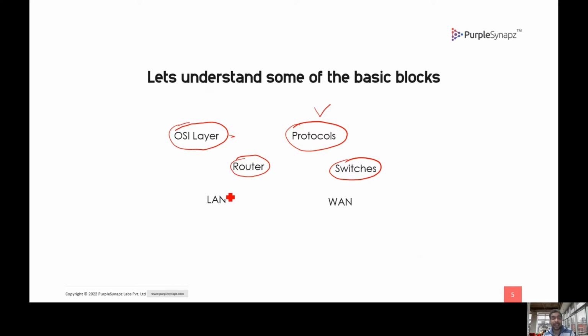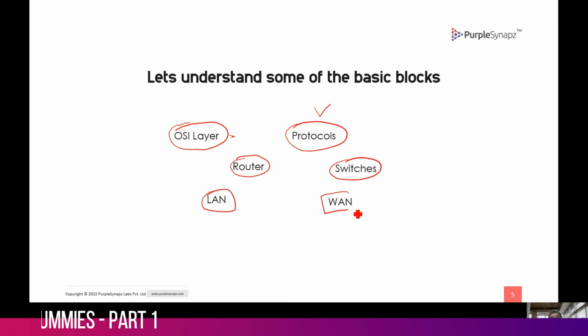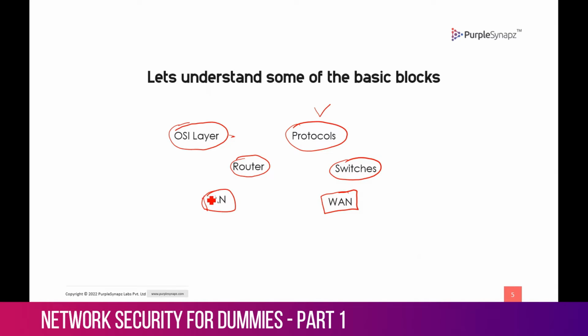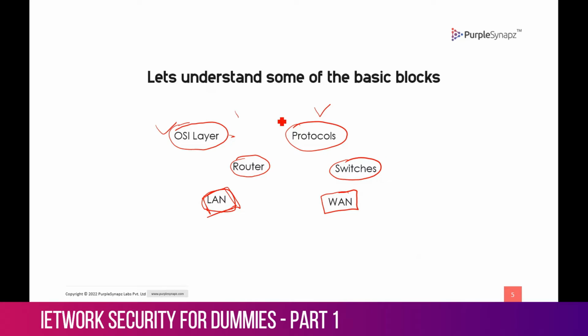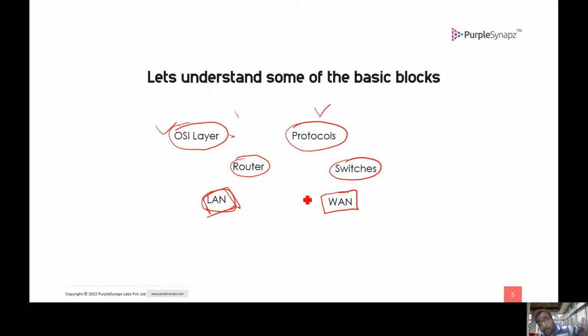And two important concepts called LAN and WAN, which we need to fundamentally understand. If you understand these six components, you should be able to absorb the deeper level of knowledge.